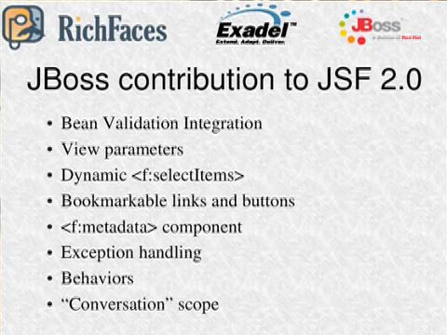Some ideas about exception handling come from Seam 2. The behaviors feature is very close to our Ajax support component. The idea is the same, but the implementation is much more powerful. And conversation scope, which was initially only in JBoss Seam, also came to the JSF 2.0 specification.